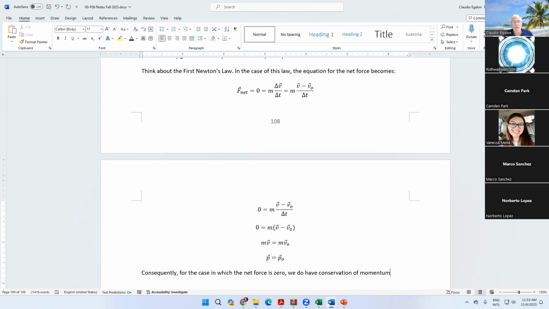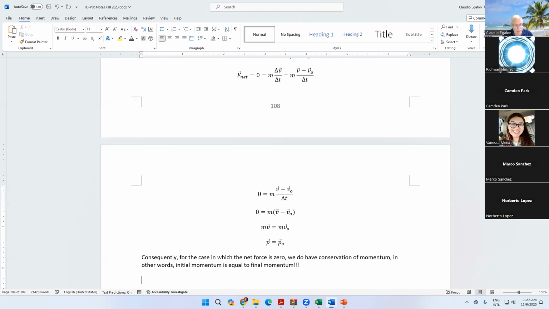Not just conservation of energy, but conservation of momentum. Initial momentum is equal to final momentum.